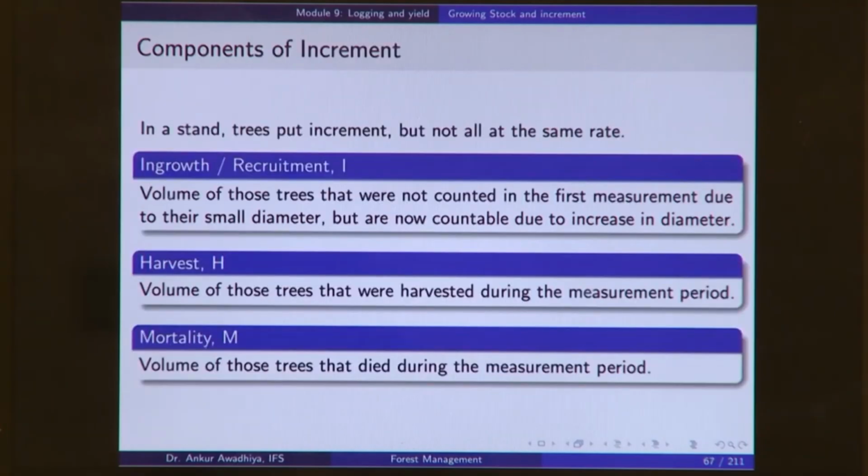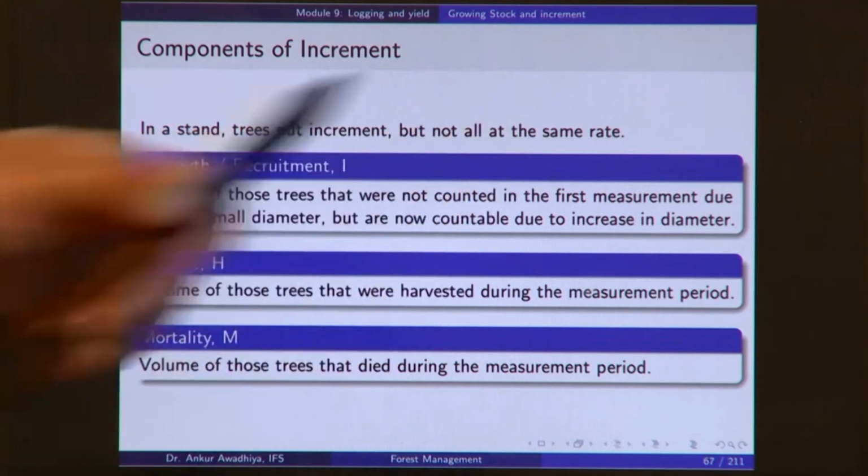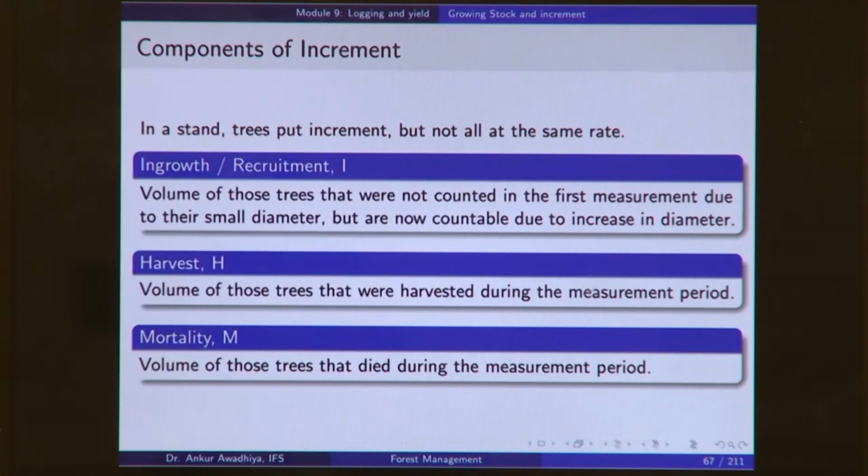Now, this increment is comprised of a number of variables. Different trees are putting up increment, but not all at the same rate and not all at the same time. So, when we look at the increment of a stand, we have to consider different phenomena that are happening.